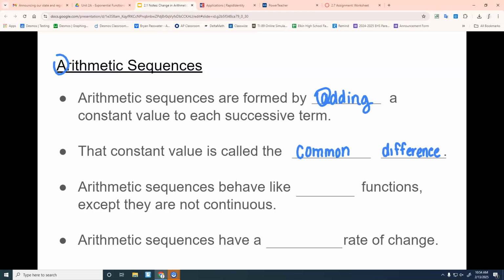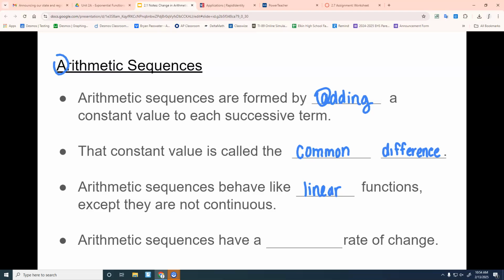Okay? Arithmetic sequences are going to behave just like linear functions, except they are not continuous because we can only plug in whole numbers. So we have a bunch of dots that are in a line, but we don't draw the line through them for that.